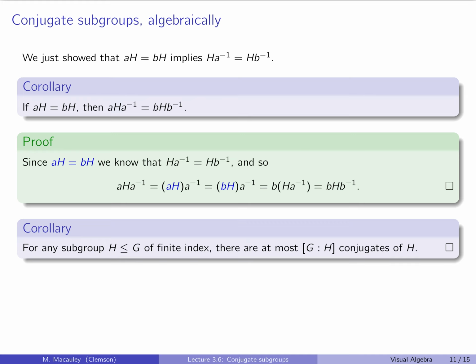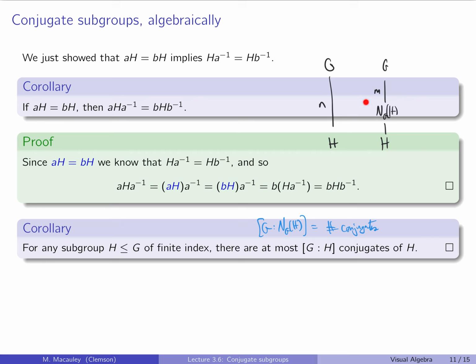As a corollary, if we have any subgroup H of G of finite index, then the number of cosets of H, that's the index, is an upper bound for how many conjugates there are of H. Now, we actually know a stronger statement, something that we've proven earlier: the actual number of conjugates is equal to the index not of H, but of the normalizer of H. So in other words, if we have H here and G here, and this has index n, the index of the normalizer is going to be no more than n.